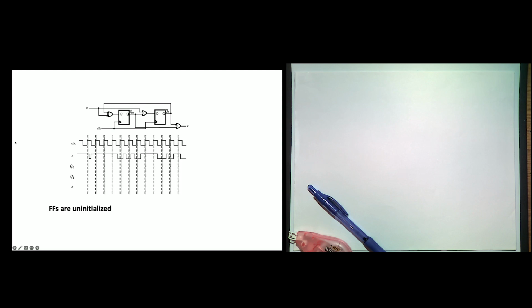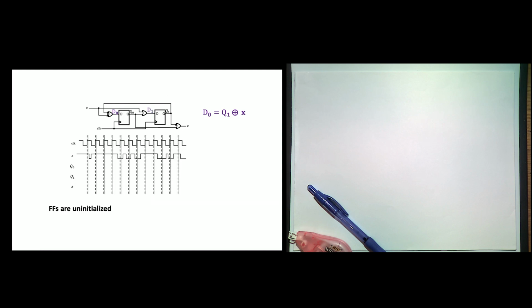So if we have to fill in the timing diagrams for these things, the first thing we probably want to do is get equations for the D inputs. So we're going to label the D inputs. D0 will be the input for the flip-flop holding Q0, and D0 is the XOR of X and Q1.